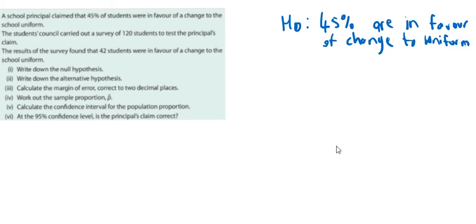The alternative hypothesis has to be pretty much the opposite, so that 45% are not in favour.